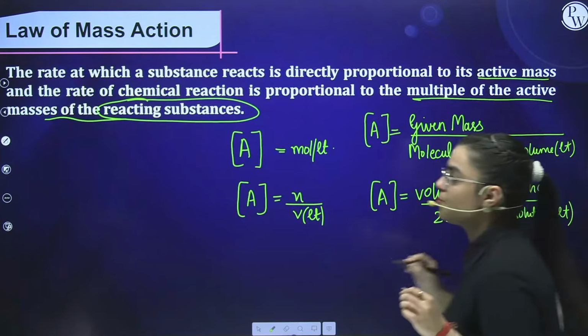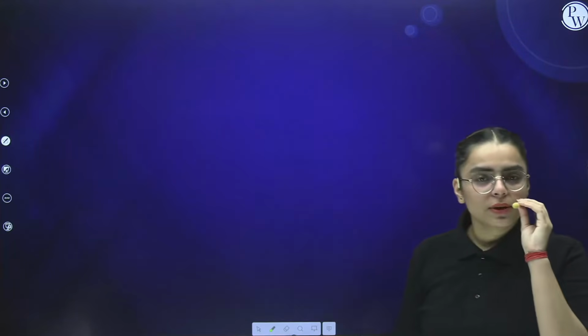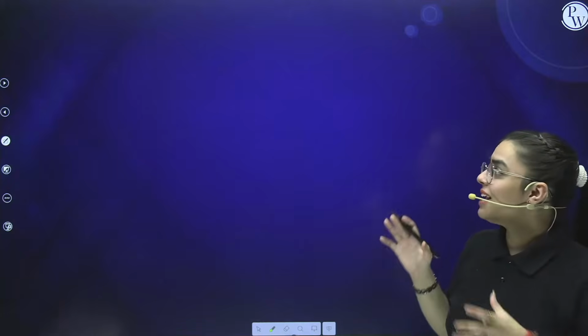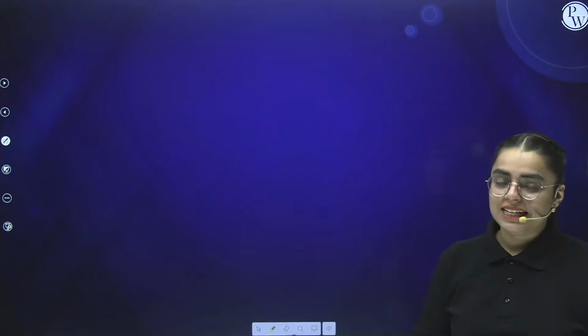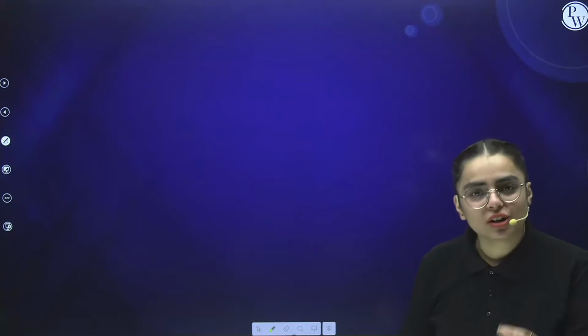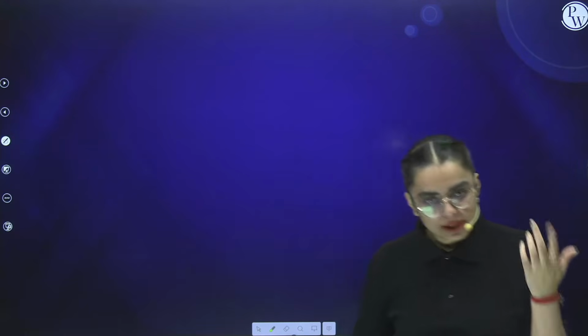Now the most important thing that you need to understand. If I give you one question: calculate the active mass of 10 gram of CaCO3 in 1 liter of solution, where the molecular mass is 100 grams. I'm repeating the question again.